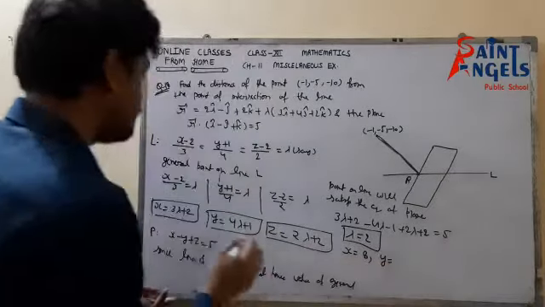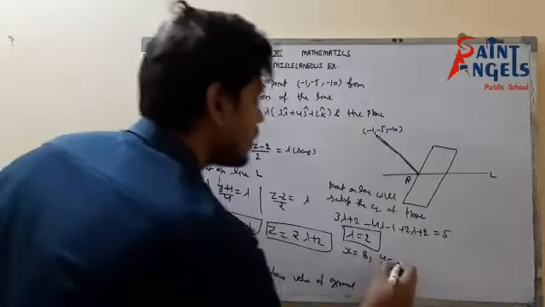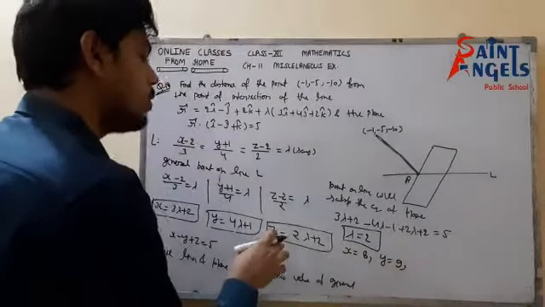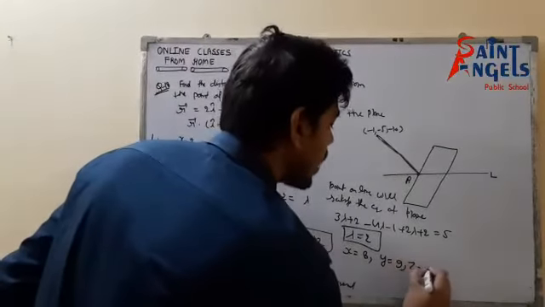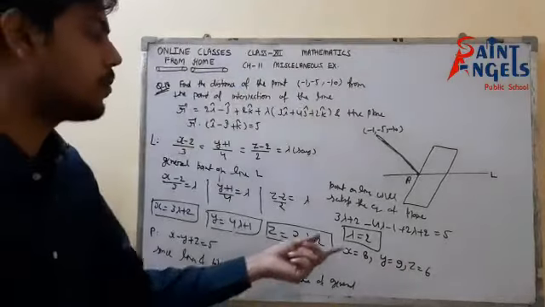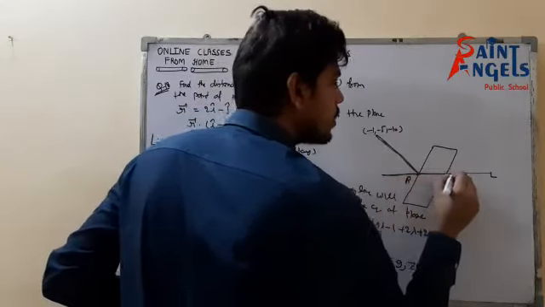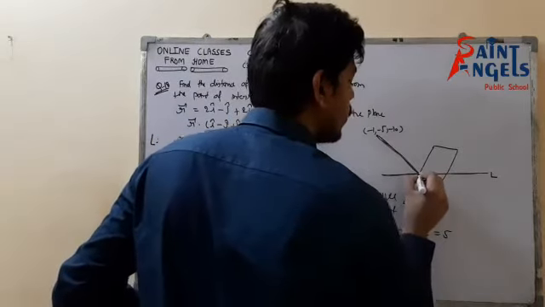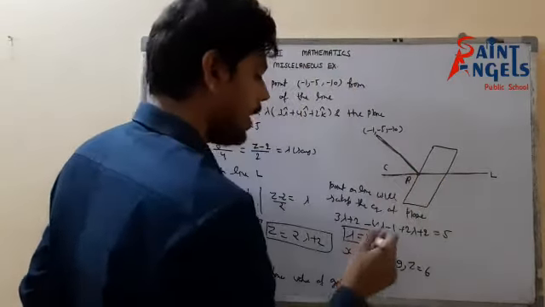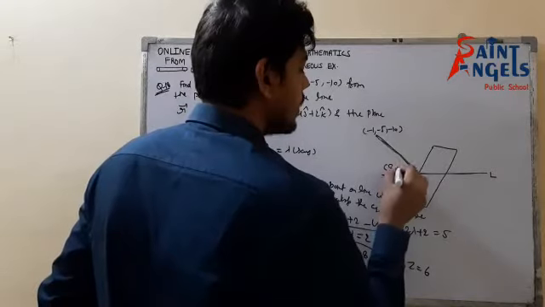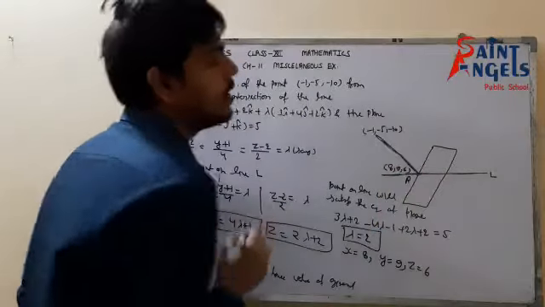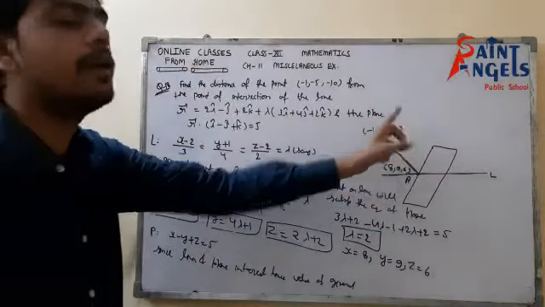Value of y would be 8 plus 1, 9. Value of z would be 4 plus 2, 6. So I have got the coordinates of point R, because this is also a point on line. So the coordinates of point R would be 8, 9, 6. This is the point at which line and plane intersect.